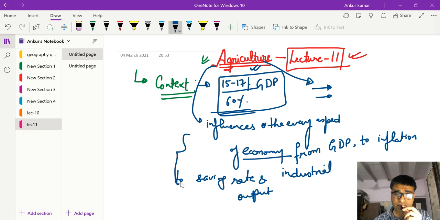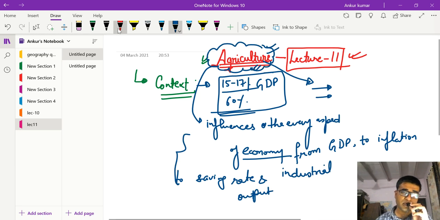So agriculture has a very vast impact on every sector of the economy. You simply cannot ignore agriculture in lieu of developing the manufacturing and service sectors.